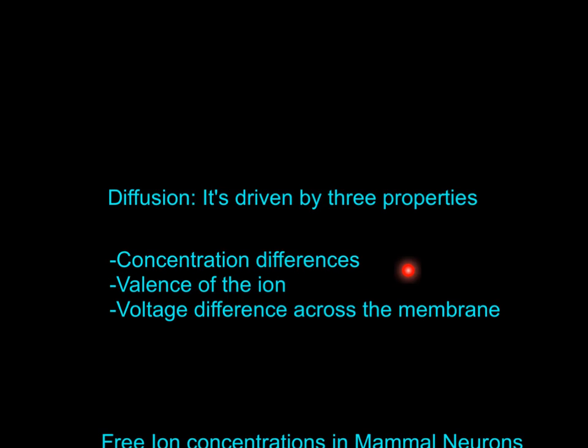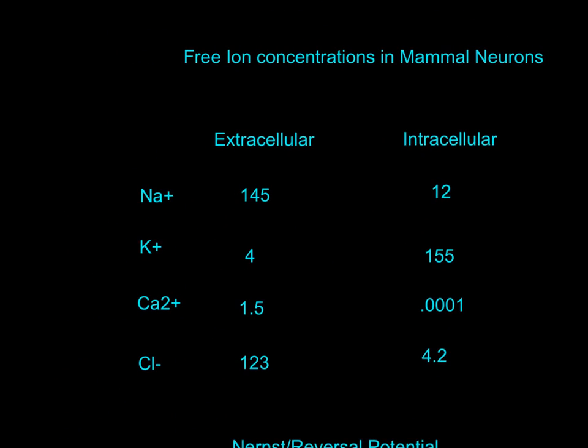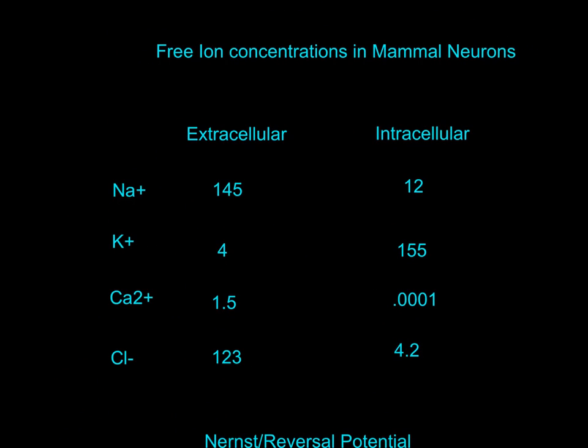To talk more about these concentration differences, let's look at the general ion concentrations in a cell, specifically mammal neurons. You don't have to memorize these exact numbers because they obviously fluctuate depending on the neuron, depending on the animal. But just know the general concentrations.